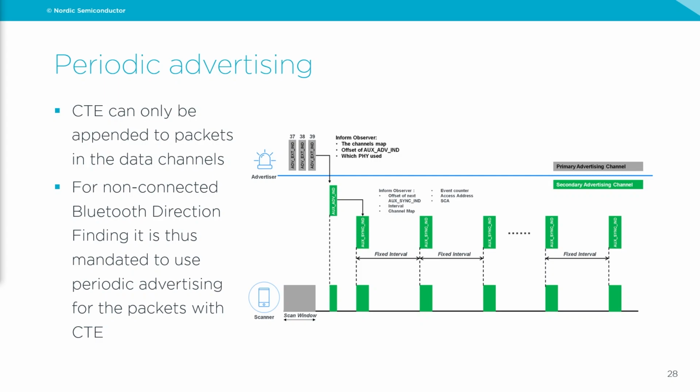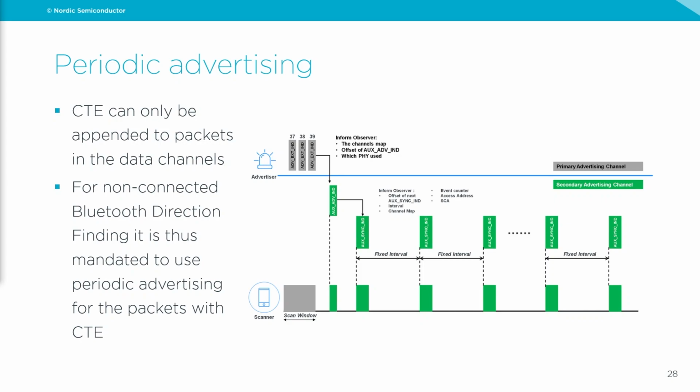And with the periodic advertising, you still have data going through the primary advertising channels, the 3 normal ones that you use for all normal Bluetooth. But what will happen with these is they will point to a specific point in time where there is going to be a packet in a data channel that will then link into a train of packets that are in the data channels.